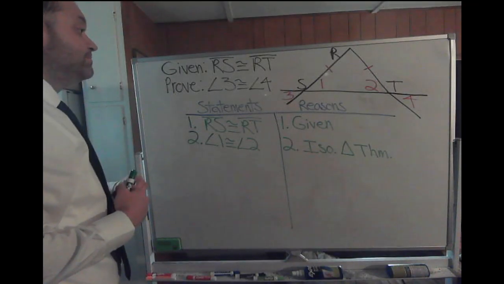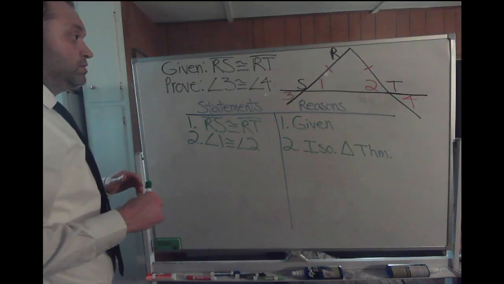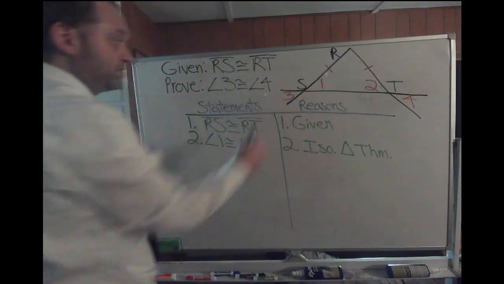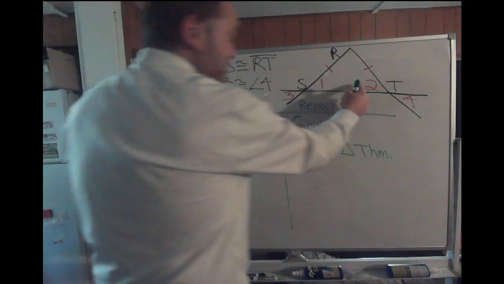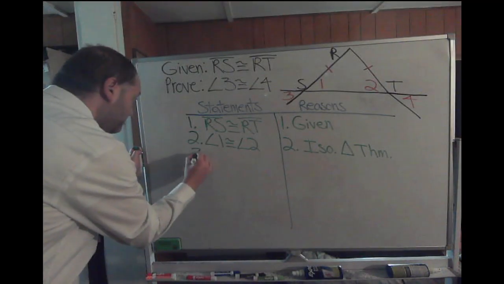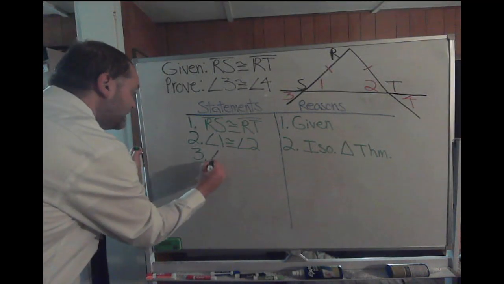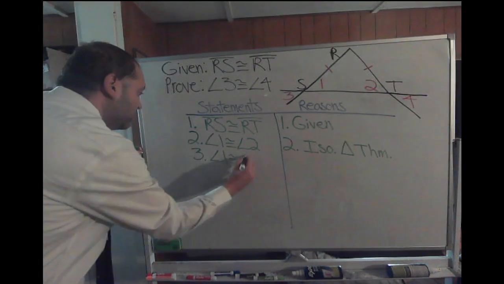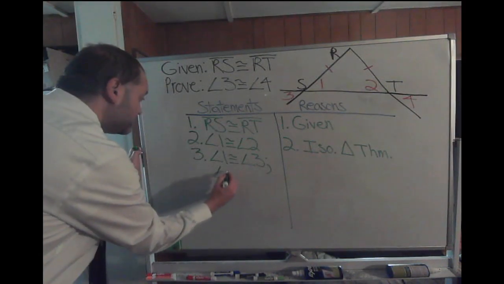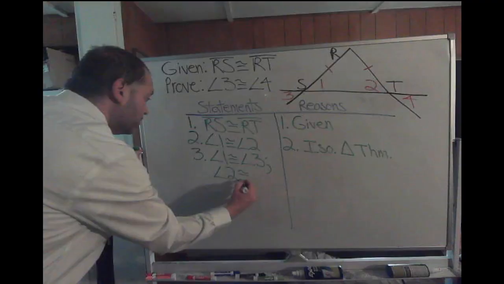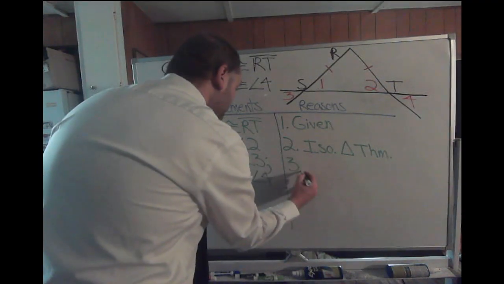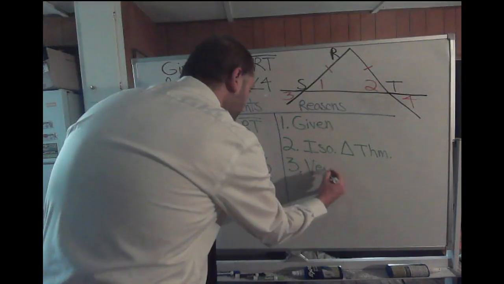Alright. Now where do we go? Well, we look at angle 3 and angle 1. Those are vertical angles, right? Angles 2 and angle 4 are vertical angles, are they not? So for statement 3, we can say that angle 1 is congruent to angle 3 as well as the fact that angle 2 is congruent to angle 4 by the fact that vertical angles are congruent.